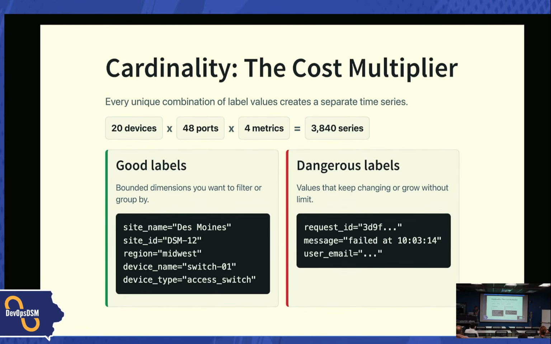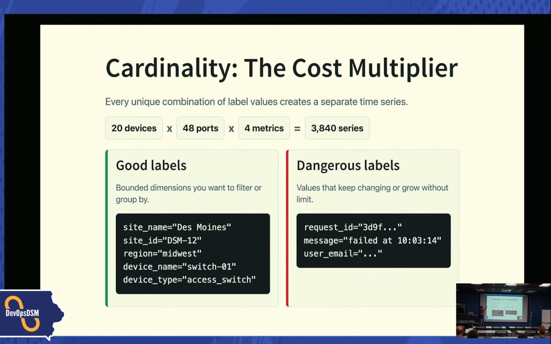So this is the last concept I want to talk about, and this will come up if you work with time series databases metrics specifically in depth, which is cardinality. So the cost multiplier. Every unique combination of label values creates a separate time series. So this multiplication here demonstrates how that works.